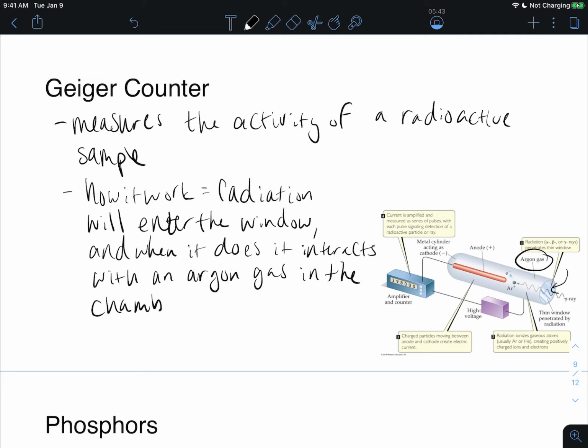And that argon gas is ionized. Okay. And then from that, an electric current is produced, and that electric current is what's actually measured.